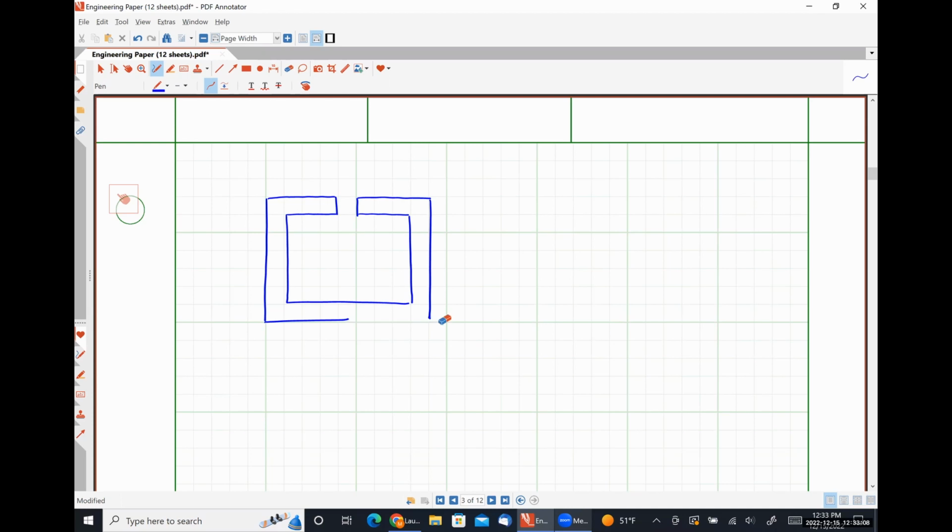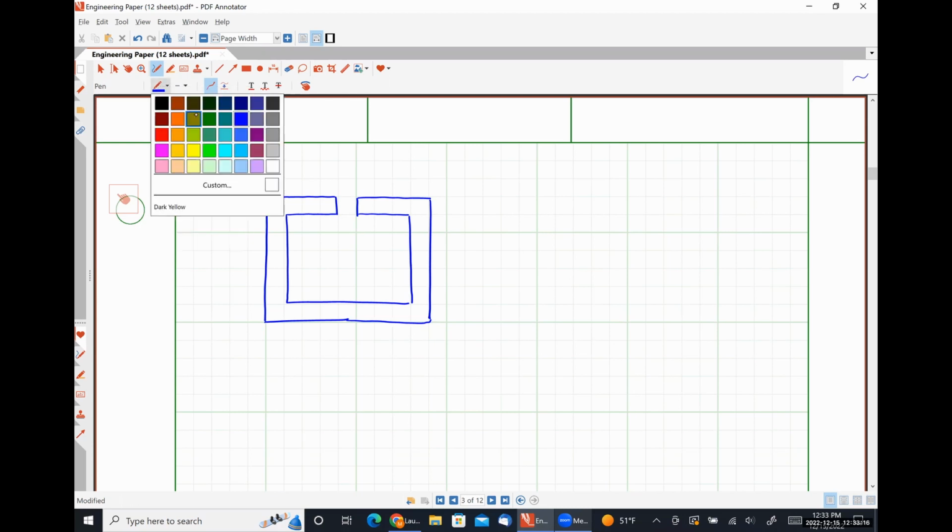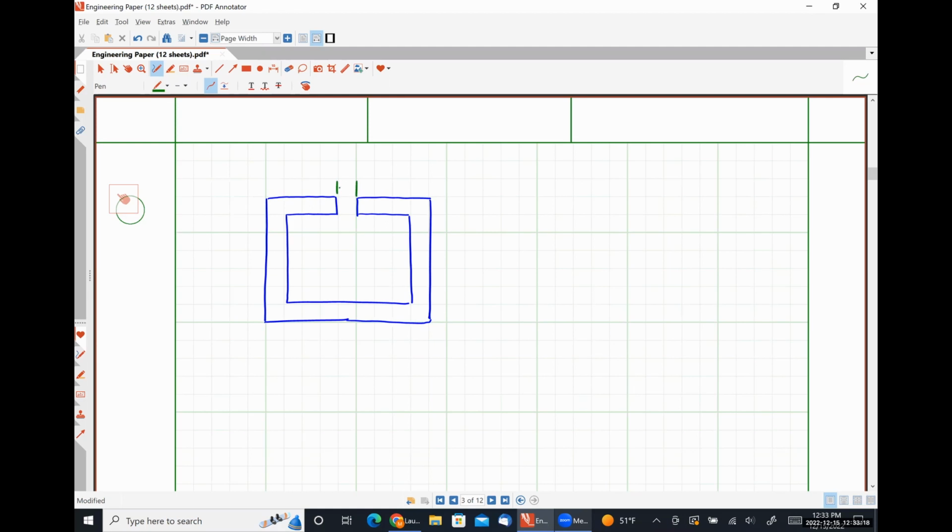Like so. This distance right here is LG. And then this distance is the total flux path, or the average flux path length of our core.